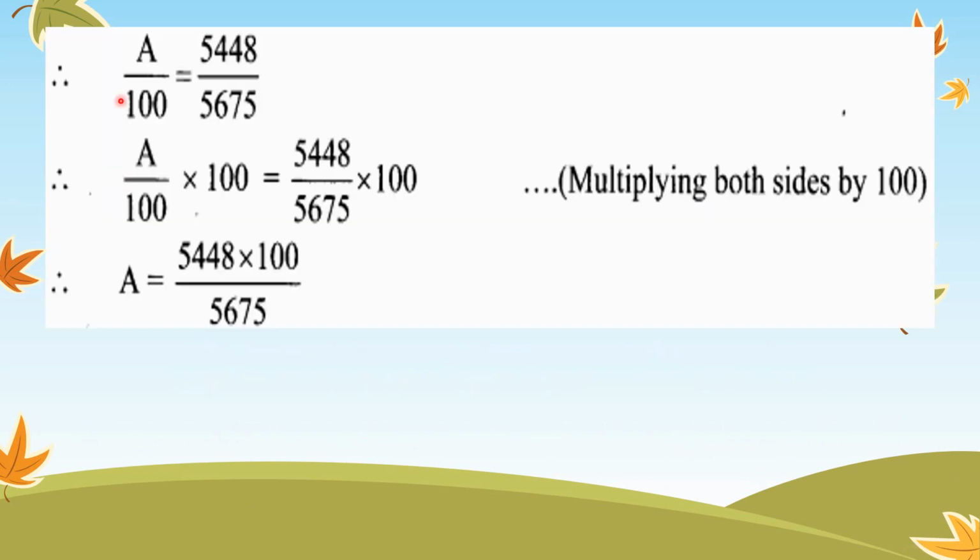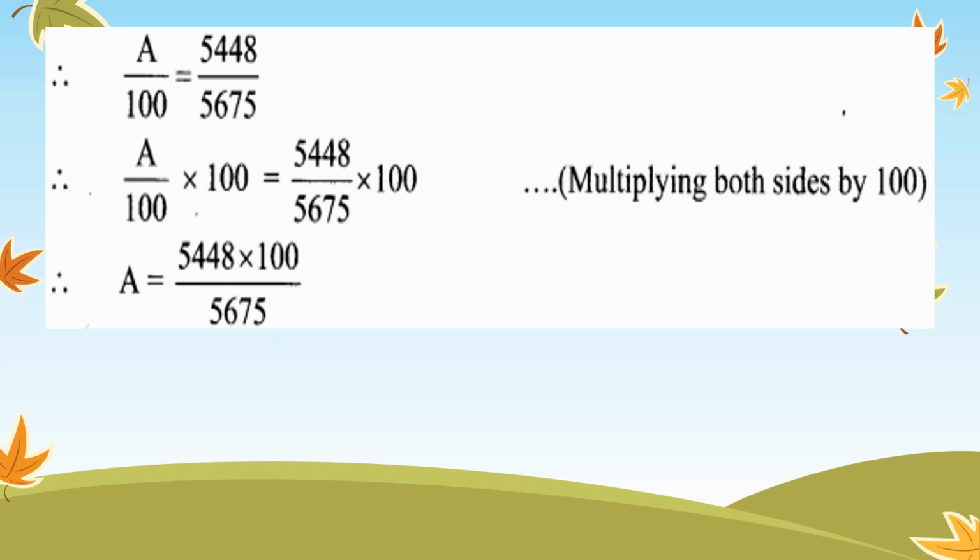So A upon 100 is equal to 5,448 upon 5,675. So here we are multiplying both sides by 100. So A upon 100 multiplied by 100 is equal to 5,448 upon 5,675 multiplied by 100.